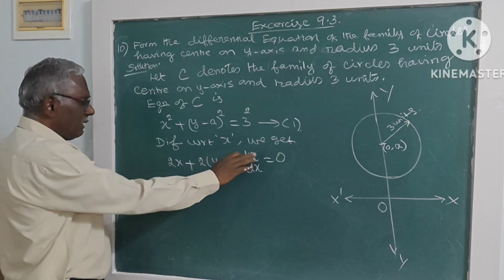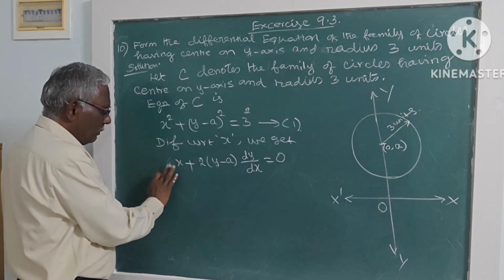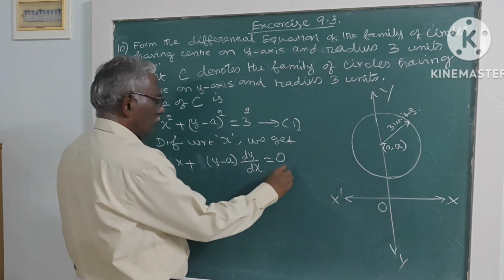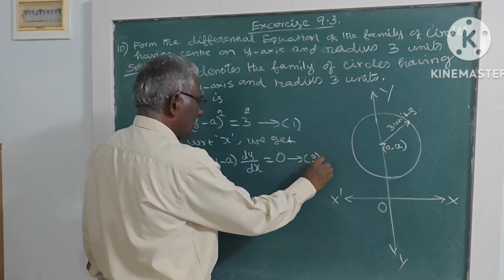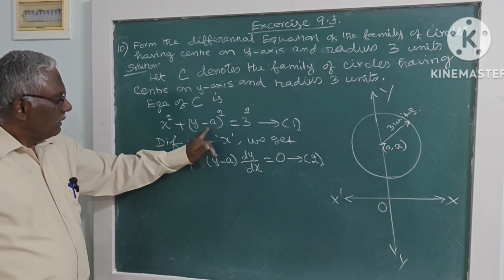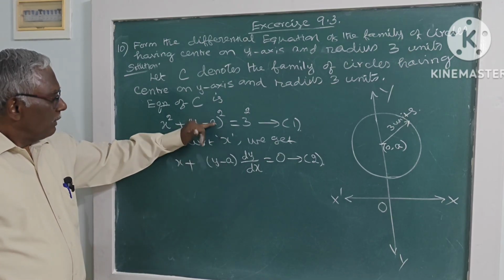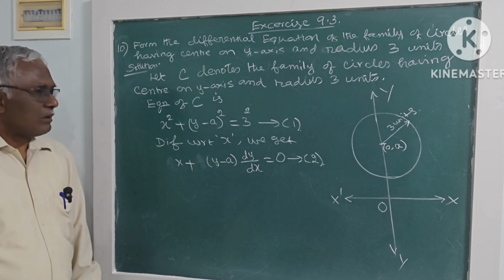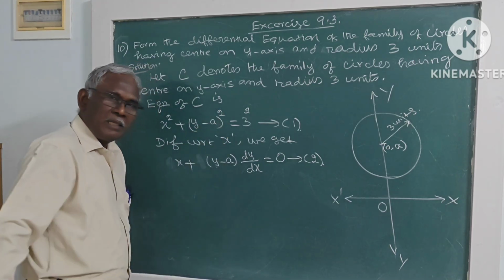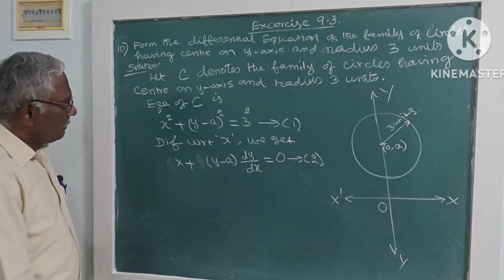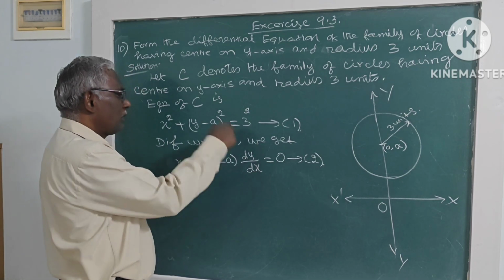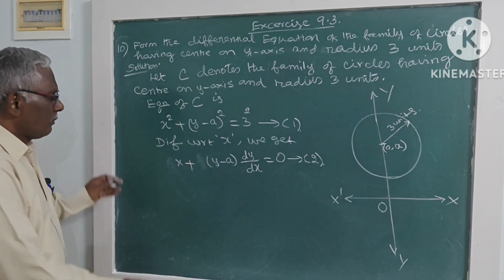So again we'll divide this equation by 2. Now we have to eliminate a by making use of these two equations. See here, y minus a is here, also y minus a is here. So we'll find the value of y minus a here in this equation and substitute in equation 1.